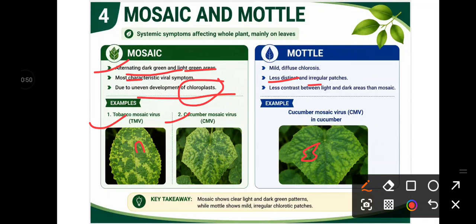This diffuse chlorosis is mild. So mottling means mild diffuse chlorosis, whereas mosaic means alternate dark and light green areas. There is less contrast between light and dark green areas than in mosaic. An example is CMV.